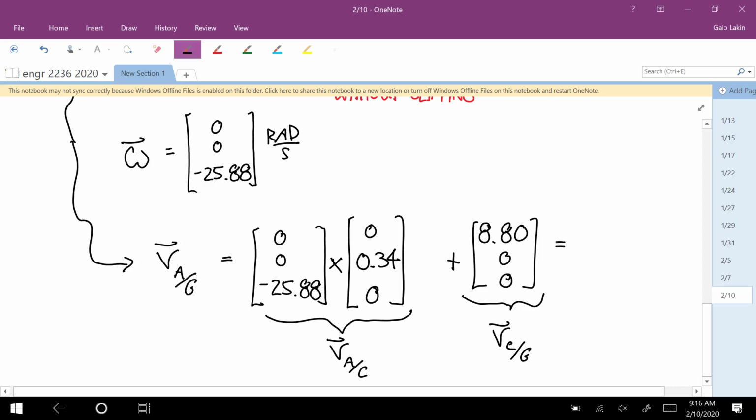And so you get 17.6000 meters per second. So at the top of the wheel, a point at the top of the wheel is going twice as fast as the center of the wheel is going.